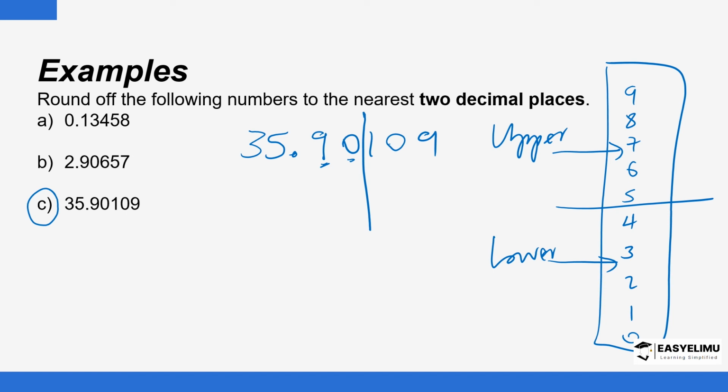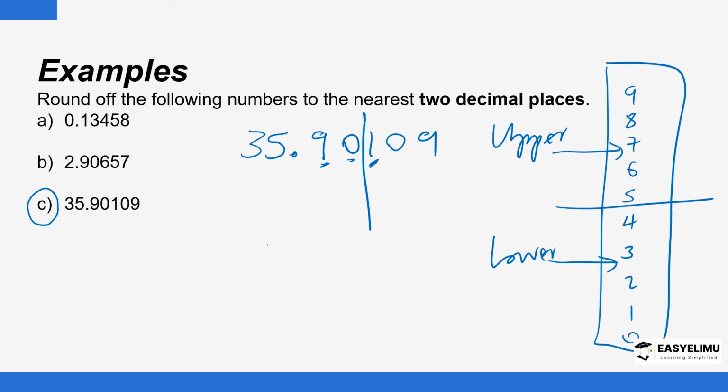So the upper category group of digits ranges from 5 all the way up to 9. If you look at the digit after the cutoff line, 1 falls in the lower category group, the range of digits from 0 to 4. So 1 is part of that group. That means nothing happens to the digit before the cutoff line, which is 0. So it remains just that.